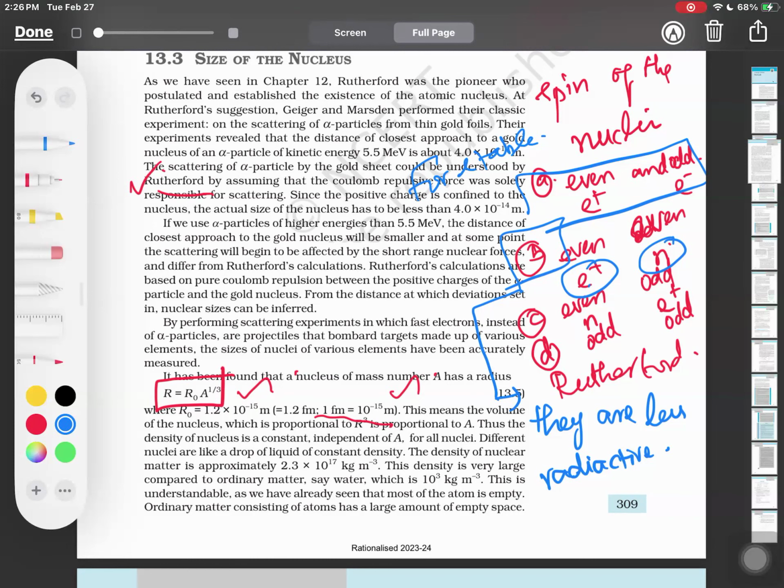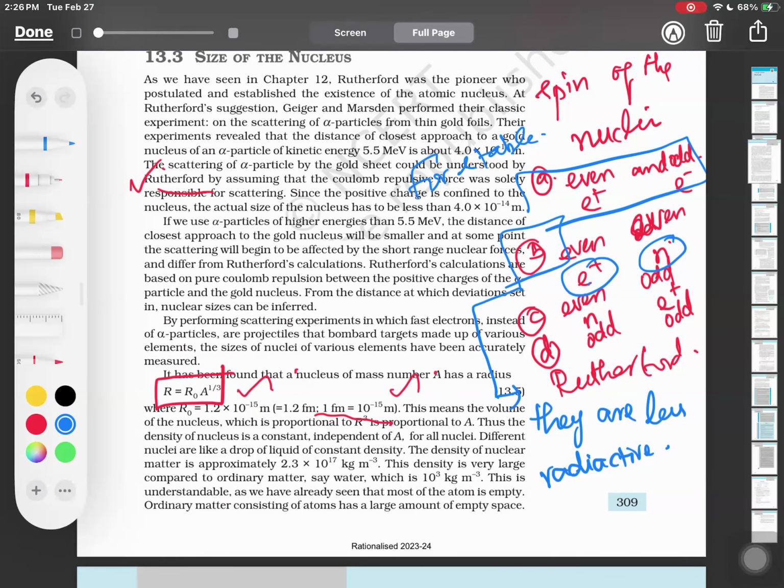The reason is correct, right? If the internal energy of the nucleus is high, what will happen? Definitely the atom is unstable. The internal energy is very high. It's unstable, so it is radioactive, highly radioactive. So when there is an excess of internal energy, definitely it can become radioactive.